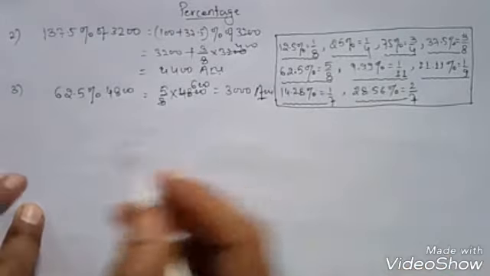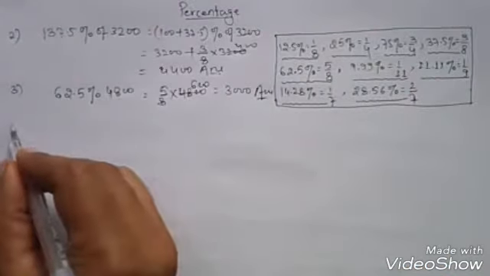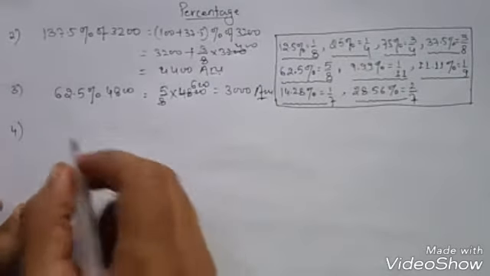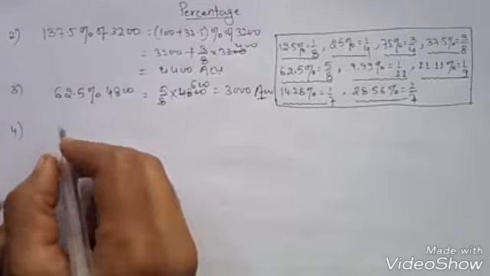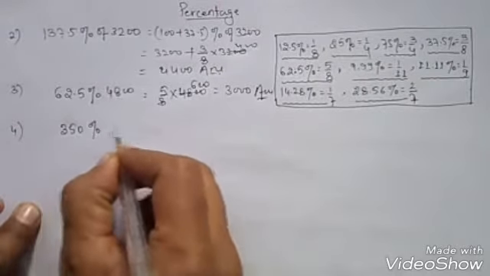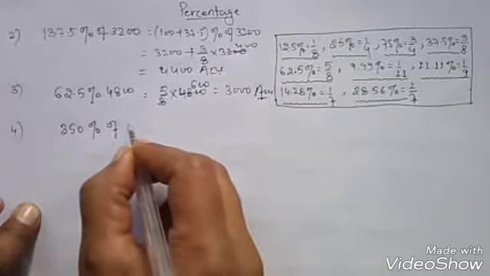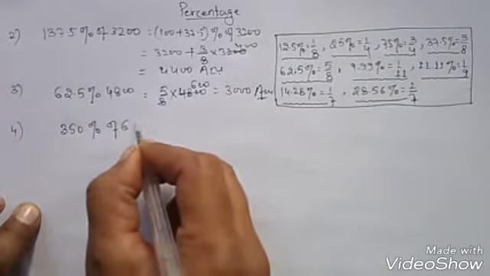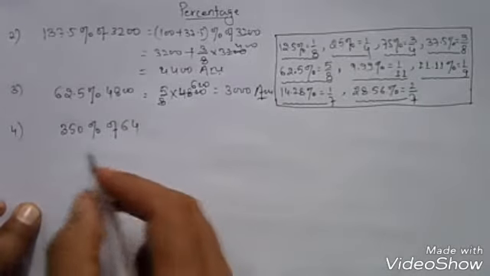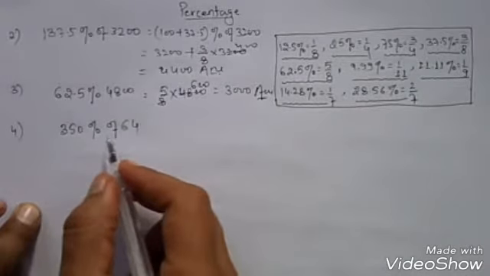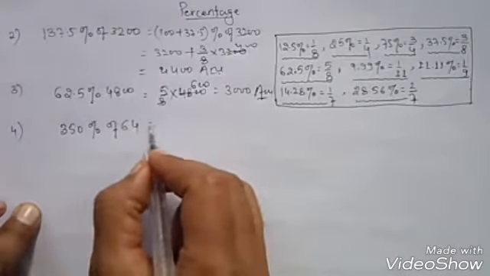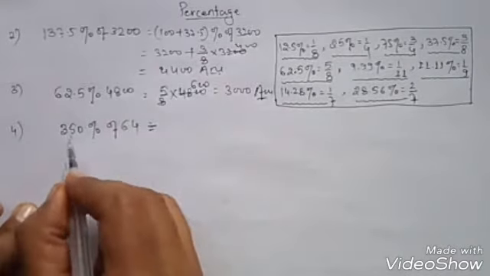Okay, so let's move on to another trick to solve percentage questions. Let's say you are supposed to find 350% of 64. The approach to solve this question is to double this term.